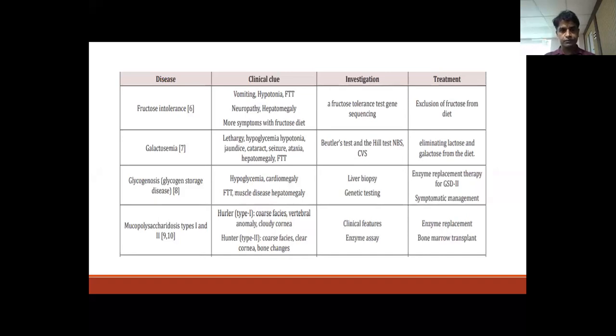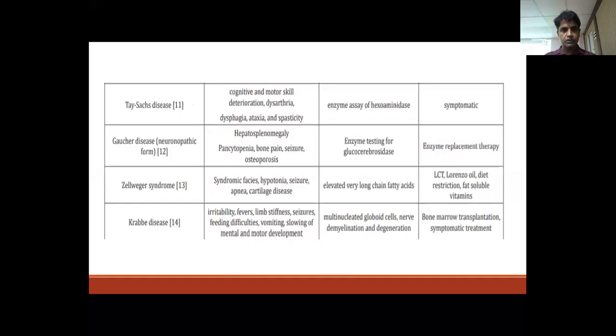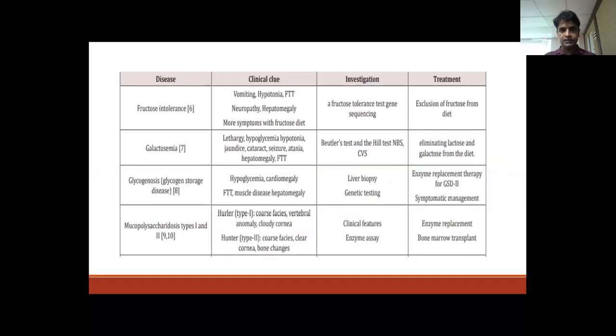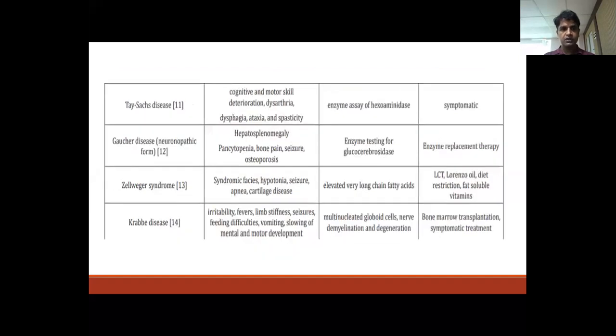There are some cardinal features which will help you to differentiate things. As I mentioned, Tay-Sachs: cognitive and motor skill deterioration, dysarthria, dysphagia, ataxia, and spasticity.